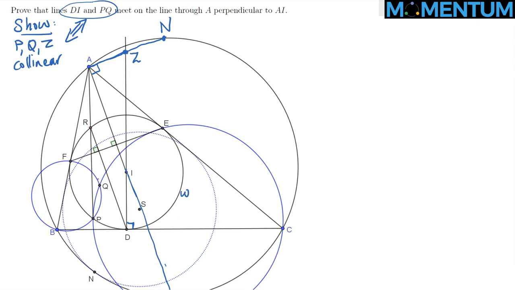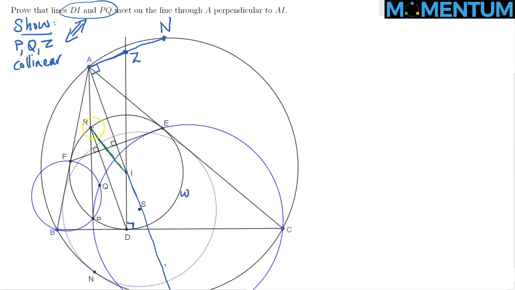Now let me go ahead and do some angle chasing in this picture. Obviously we have two lines perpendicular to FE, so that's something that I will be exploiting. Let me go ahead and draw RI. I hope that would be sufficient to establish some congruent angles.